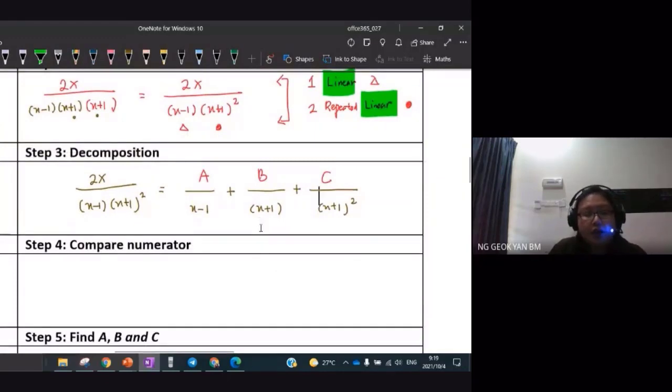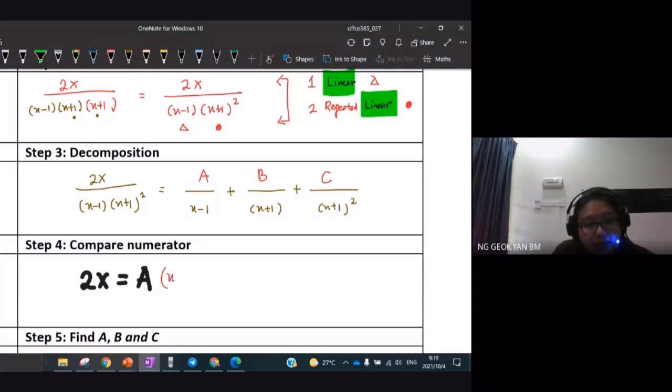Okay, so now we compare numerator. Sini hati-hati. Compare numerator. Okay, ready with it. So comparing, it will be only 2x equals to. Okay, A dengan siapa? Dia sendiri 1.